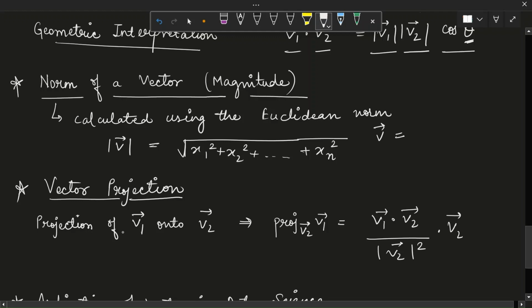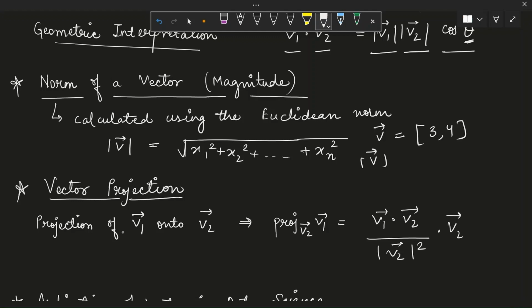Suppose we have a vector v with components 3 and 4. The magnitude will be the square root of square of 3 plus square of 4, which is 9 plus 16, equals 25, and the square root is 5. So 5 is the magnitude of the vector v, which has the components 3 and 4.